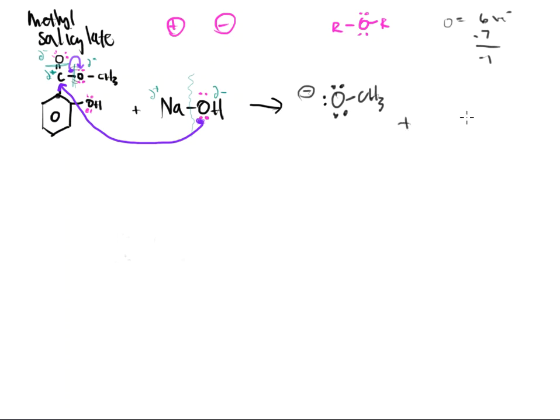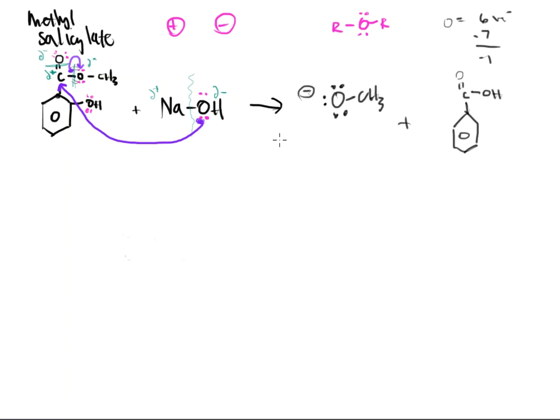And on top of that, what we now have is a benzene ring, and on that benzene ring is a carbon with a double bond O. And instead of the OCH3 group pointed out to the right-hand side, it's now simply an OH group. So this OH group has broken away from that sodium.